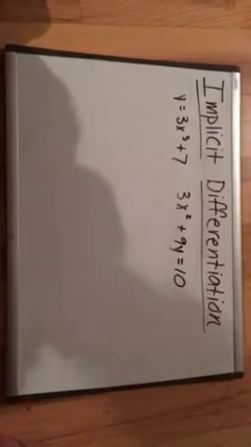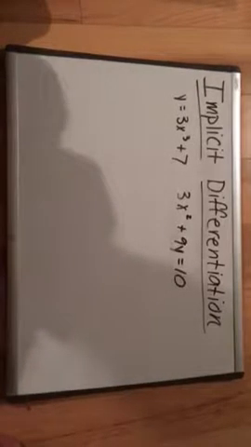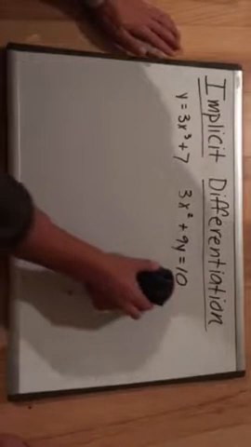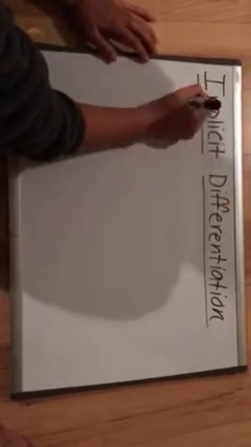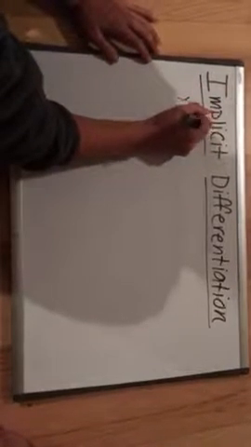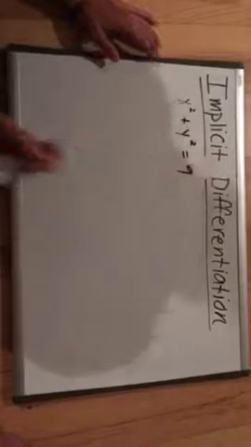However, there is a way to still find the derivative of this equation even without isolating y by itself, and that is using implicit differentiation. So an example that I have is x squared plus y squared equals 9.